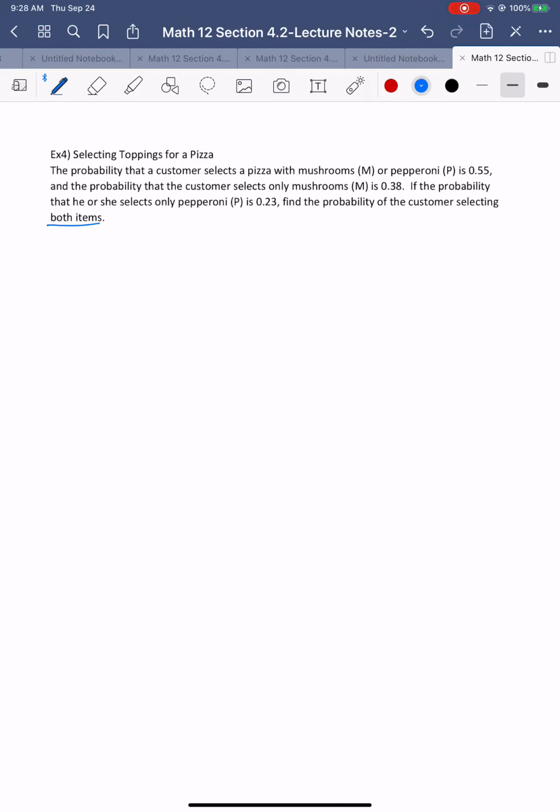So there's a formula we have to use, the formula that I introduced earlier. The probability of mushroom or pepperoni always becomes the probability for the mushroom plus the probability for the pepperoni, but you also need to subtract the overlap, because there are people who like both. Okay, so I'll write the formula.